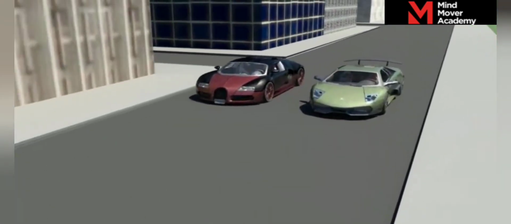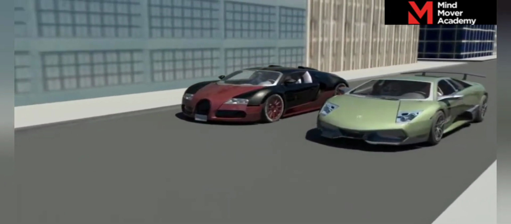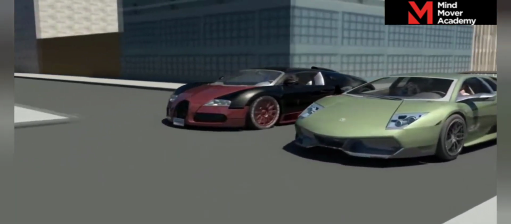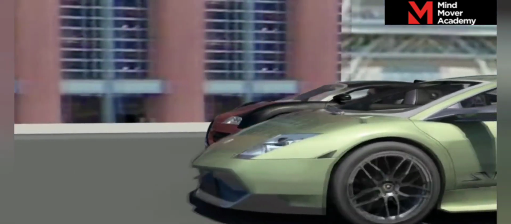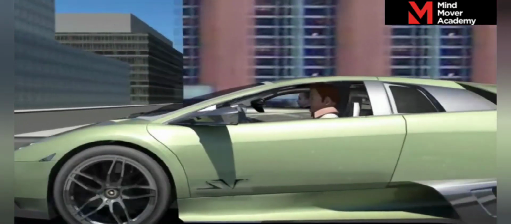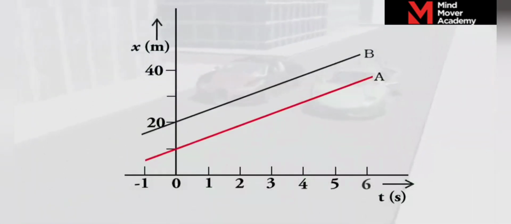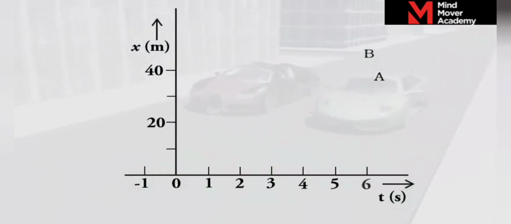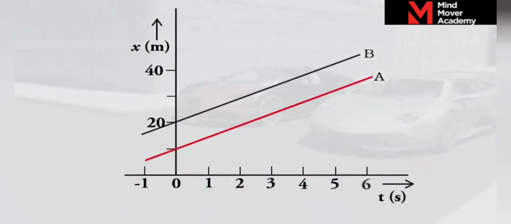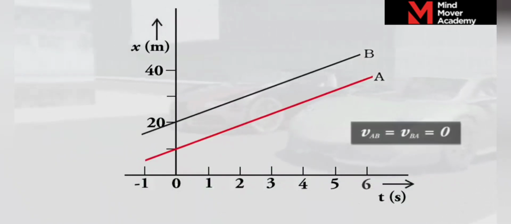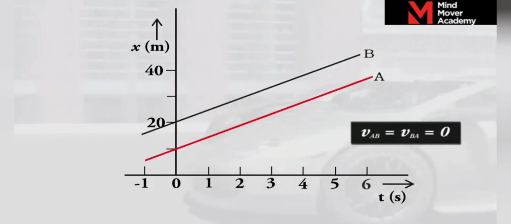Therefore, the two objects stay at a constant distance xB0 minus xA0 apart, and their position-time graphs are straight lines parallel to each other. The relative velocity VAB or VBA is 0 in this case.